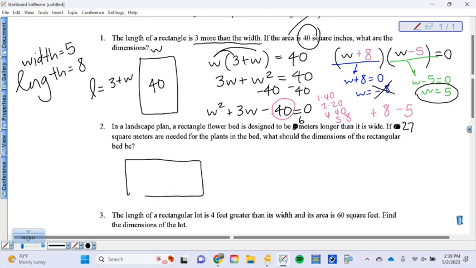So I've got my rectangle, right? And what should the length be? How should I write the length? L equals 6 meters longer than it is wide.